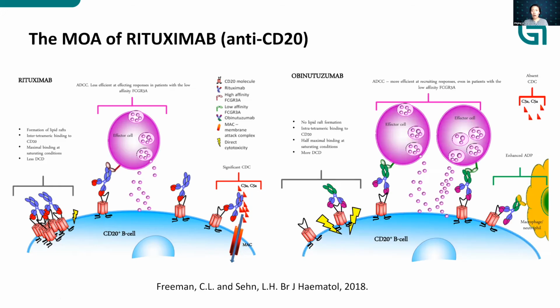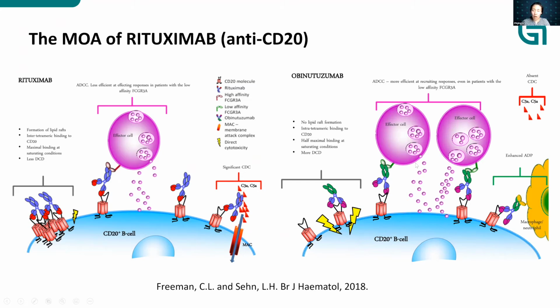So when this pathway is activated and very effective, this can lead to NK cell killing of the CD20 B-cell lymphoma. However, this has been really good, but there is also a subportion of human patients who have a variant of the CD16A. They have low affinity to the Fc portion of rituximab. So in these patients, this particular therapy, rituximab, has not been as effective as in other human patients.